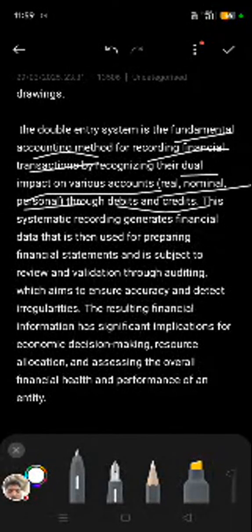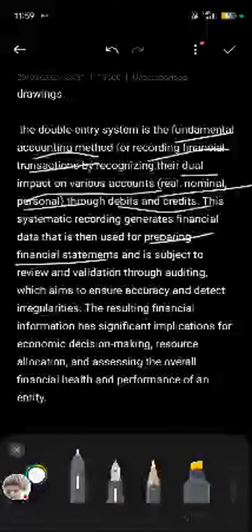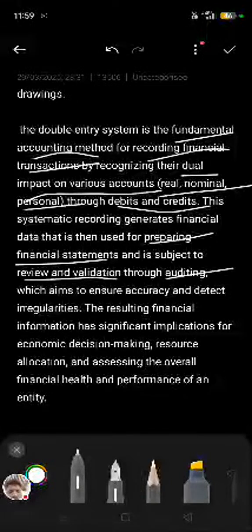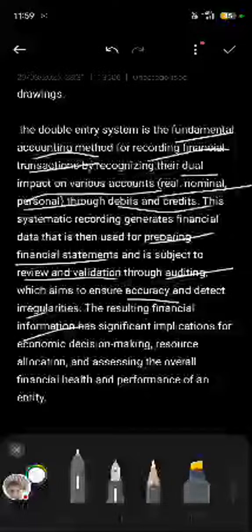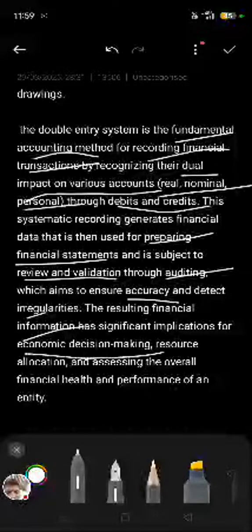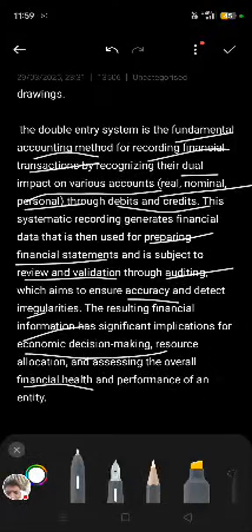This systematic recording generates financial data that is used for preparing financial statements and is subject to validation through auditing, which aims to ensure accuracy and detect irregularities. The resulting financial information has significant implications for economic decision making, resource allocation, and assessing the overall financial health and performance of the entity.